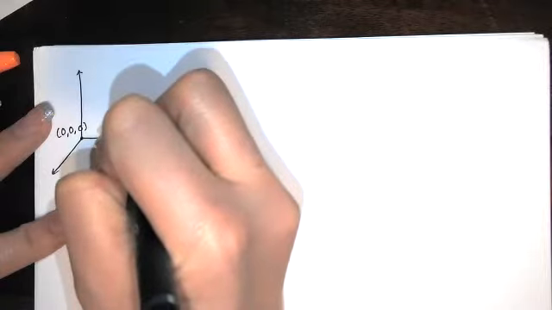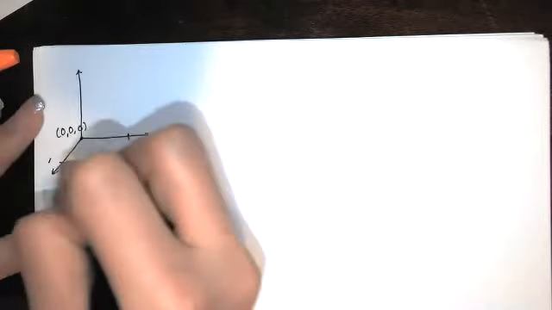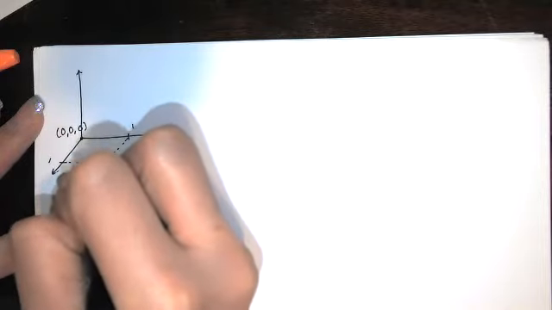So let's say you start here at 0, 0, 0. And then you go over here to x equals 1, y equals 1, z equals 1. In order to sketch that point 1, 1, 1, I'm going to make a little box. Oops, it's not y, that's a z.